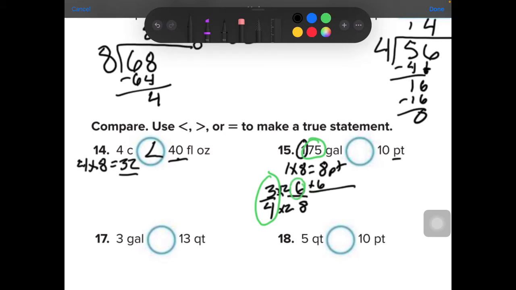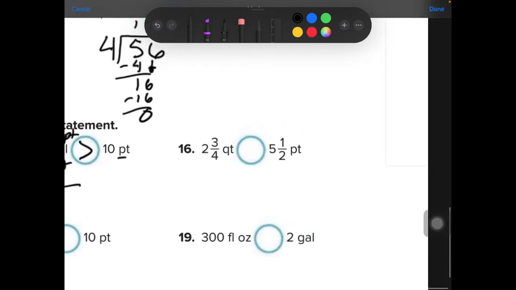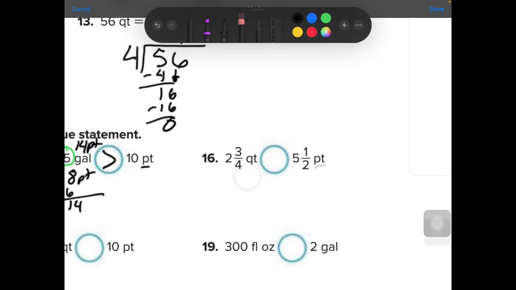So now I'm going to add plus 6 to my measurements over here. 8 plus 6 is 14. So now I can compare 14 pints to 10 pints. I can see that the sign is going to be that direction, greater than.